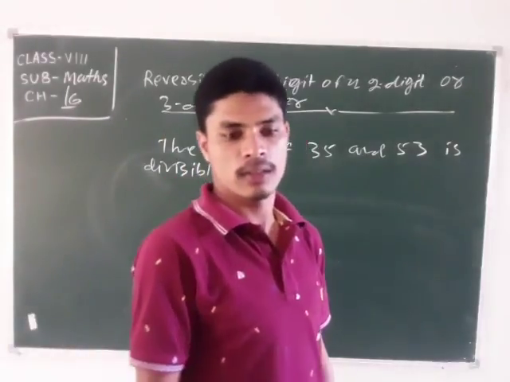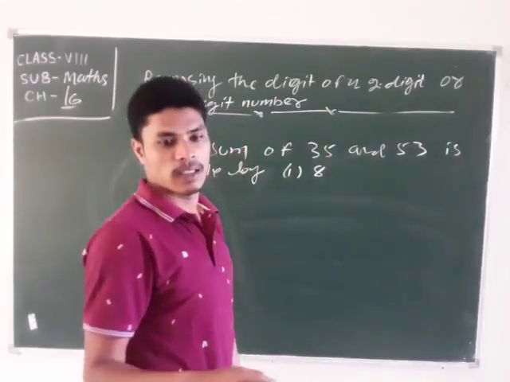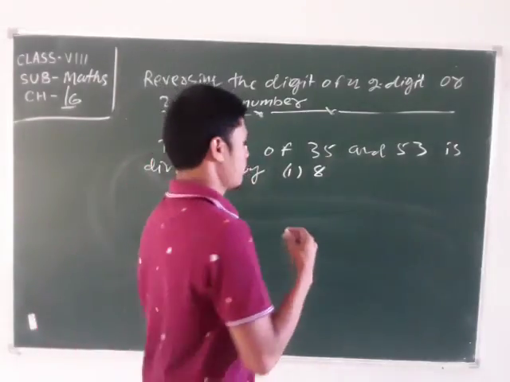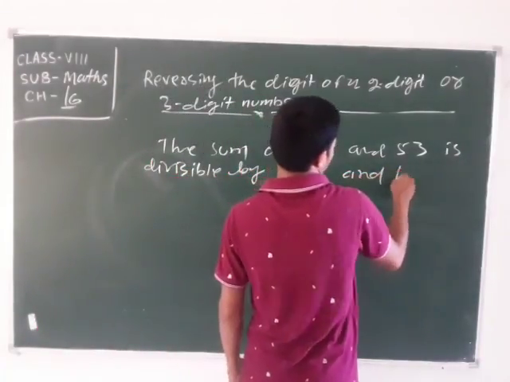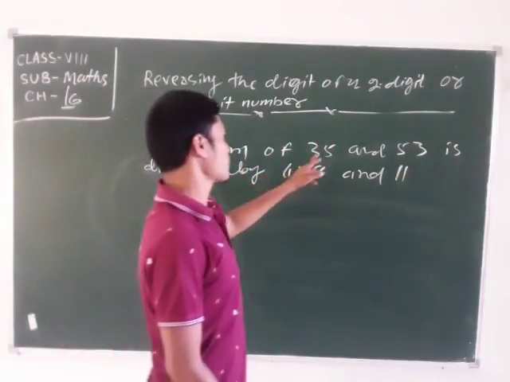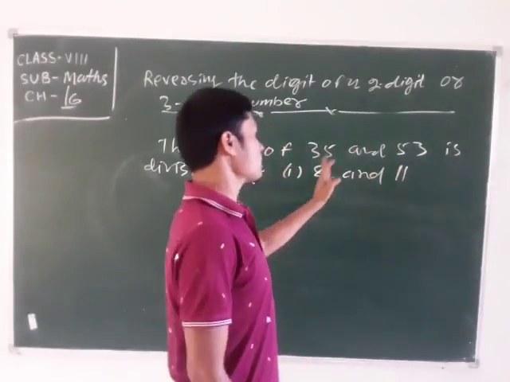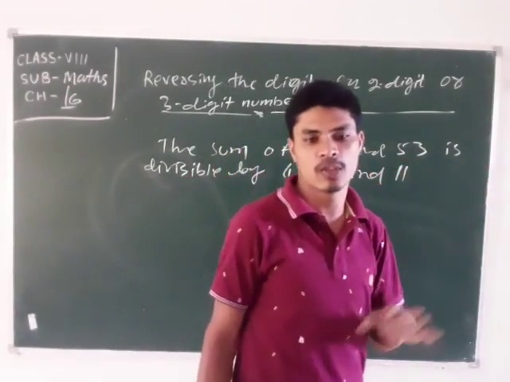Divisible by 8, and also divisible by 11. That means the sum of 35 and 53 is divisible by 8 and 11.